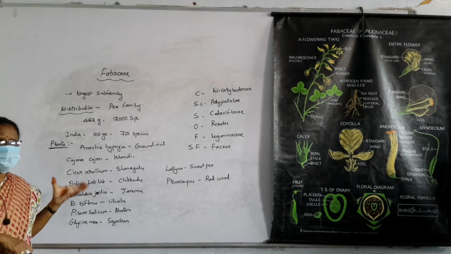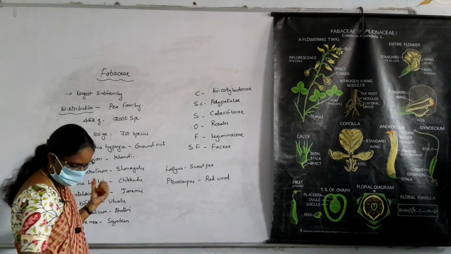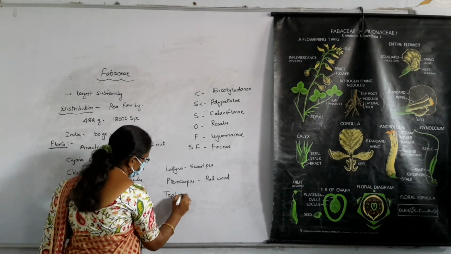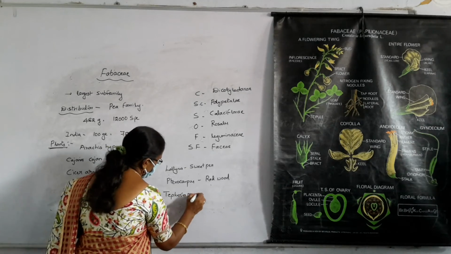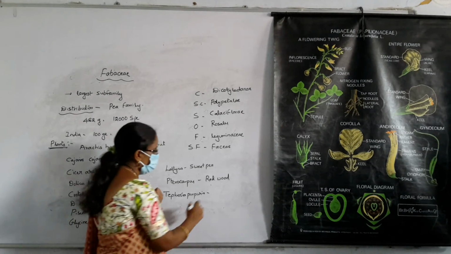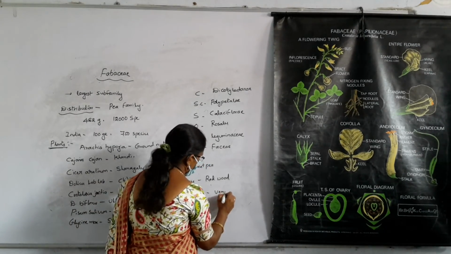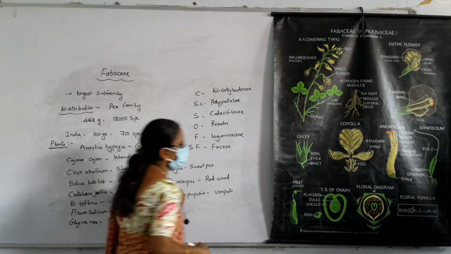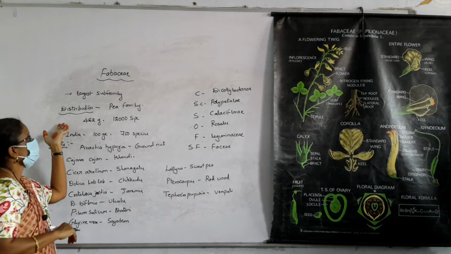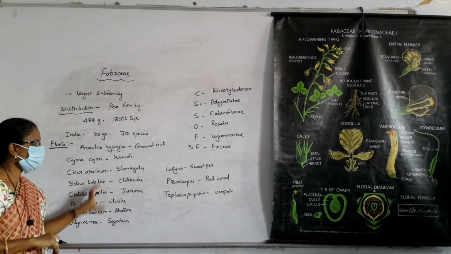The best example is Tephrosia purpurea, Vempali. The Fabaceae family is the largest family.